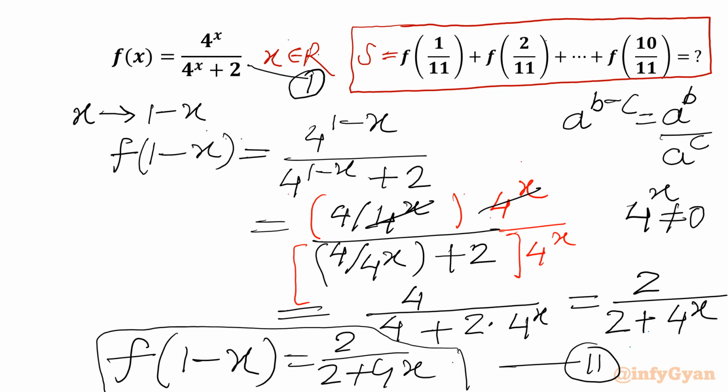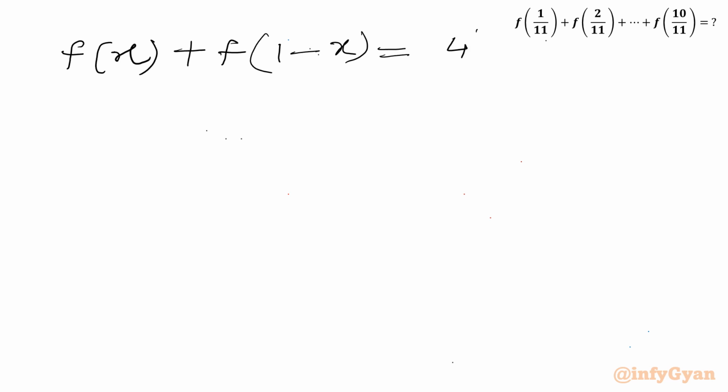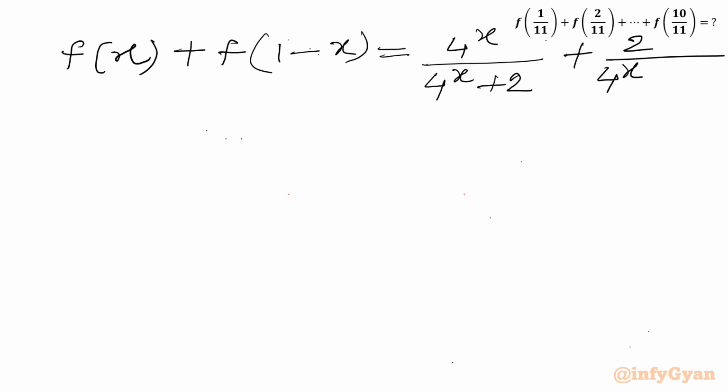Now I will add both 1 and 2. So I can write f of x plus f of 1 minus x. This will be equal to 4 power x over 4 power x plus 2 plus 2 over 4 power x plus 2.